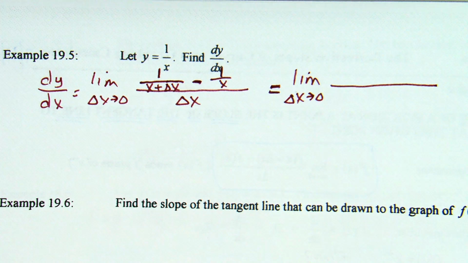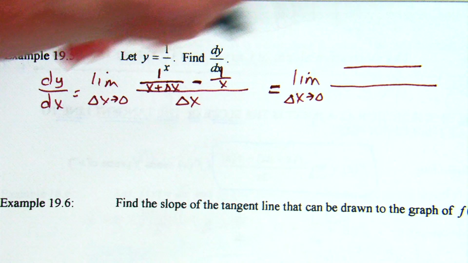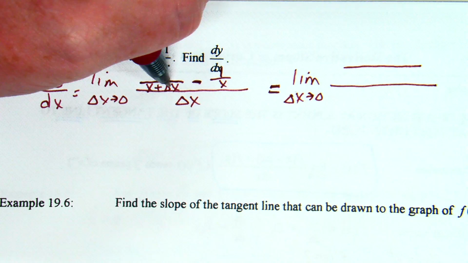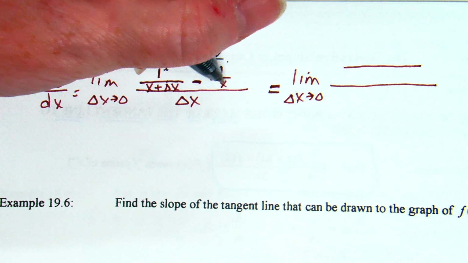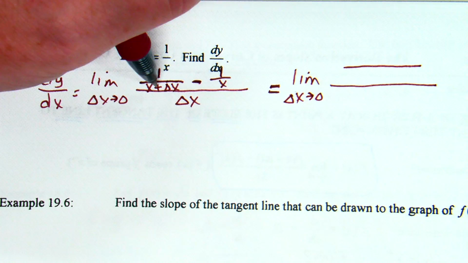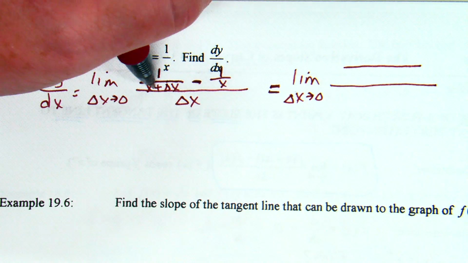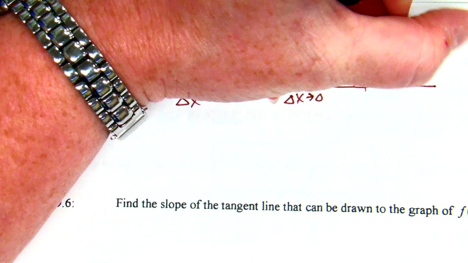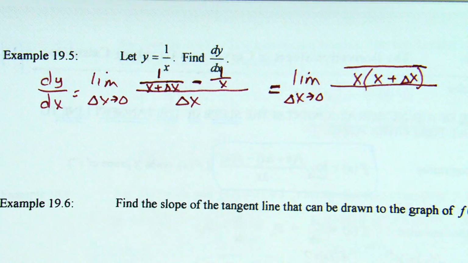And the idea here, what is the common denominator between x plus delta x and x? Because this x is added to this delta x, it's its own factor. X is another factor. So my common denominator is going to be x times x plus delta x.